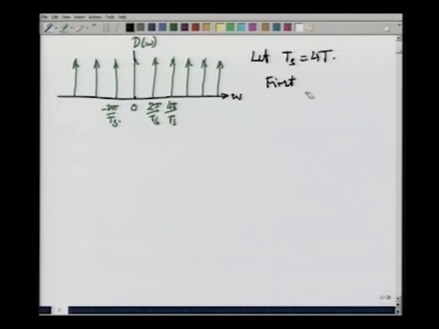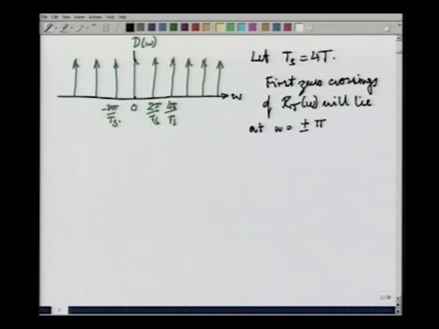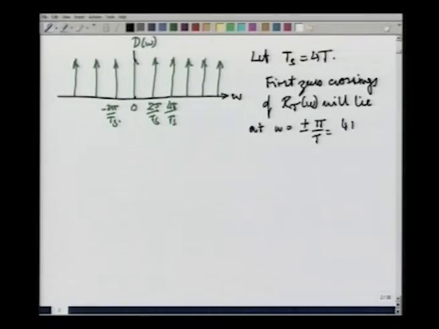This is a sinc function, and the first zero crossings of RT of omega will lie at omega equals plus or minus pi by t, which, since t is equal to Ts by 4, is 4 pi by Ts.